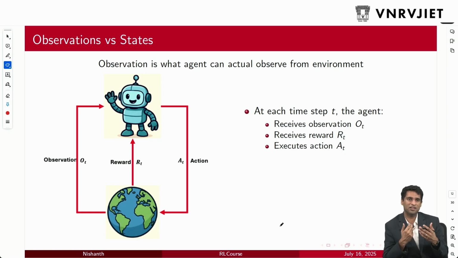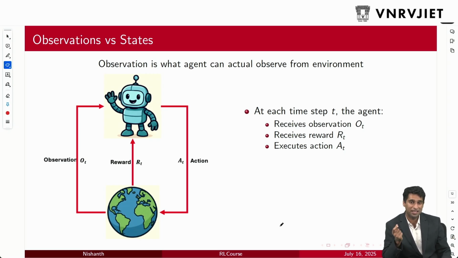If we look at the example of a self-driving car, the actual state of the environment is where every object is in the environment. There could be a butterfly flying on the road, a specific amount of wind flowing on the road, and the exact amount of friction between the tire and the road. The state can include a lot of information about the road and the environment.